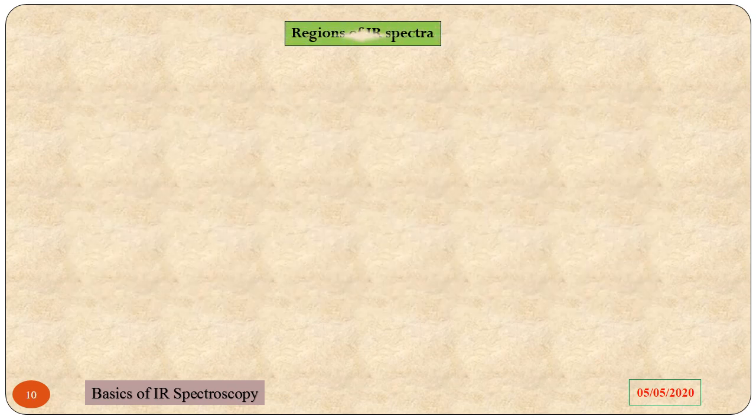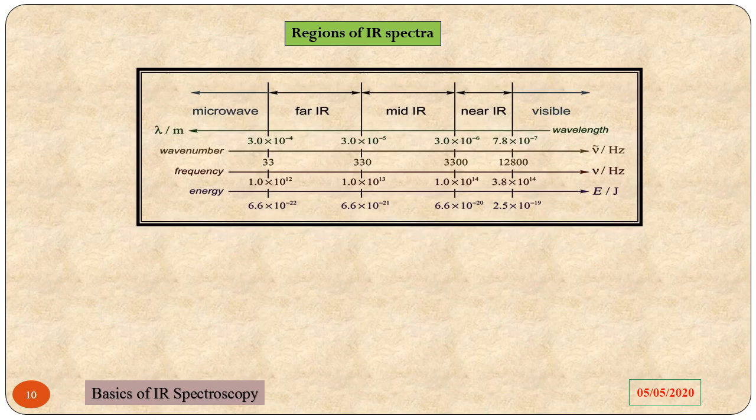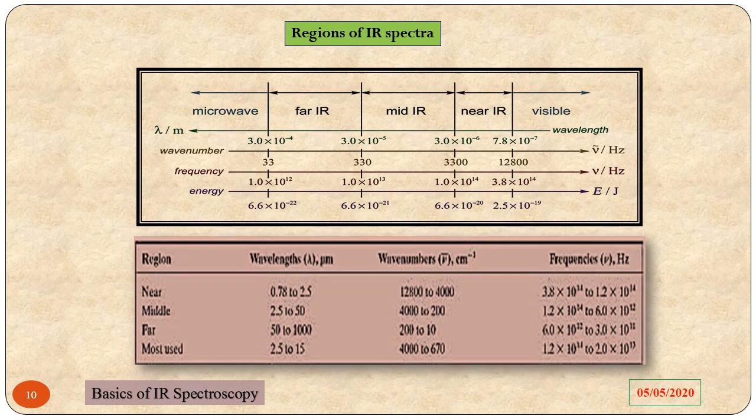So next, regions of IR spectra. These are the regions of the IR spectra which can be seen in these two tables. The regions of IR spectra are divided into three parts: near IR, mid IR, and far IR.